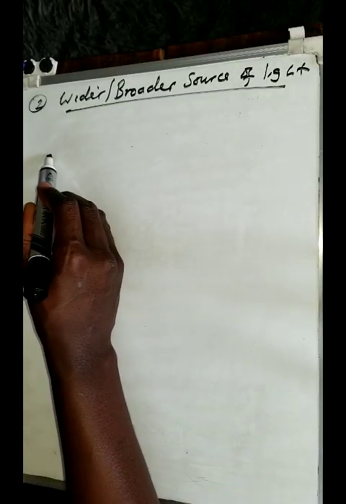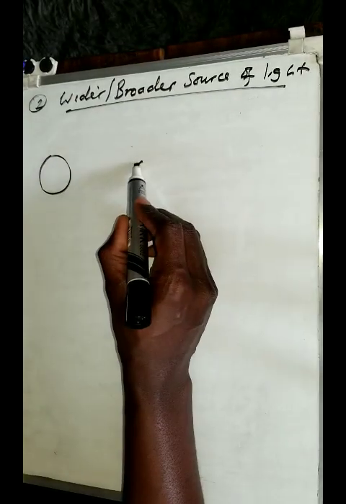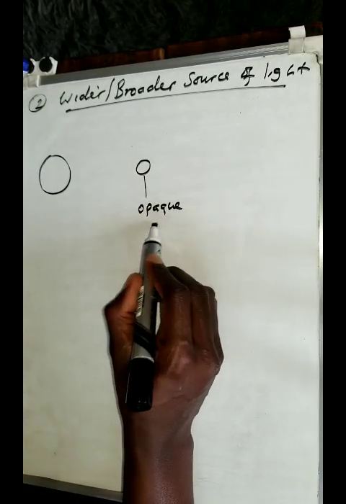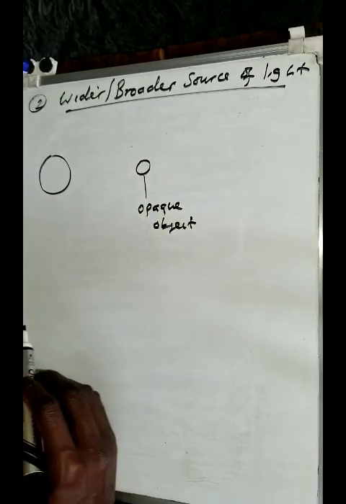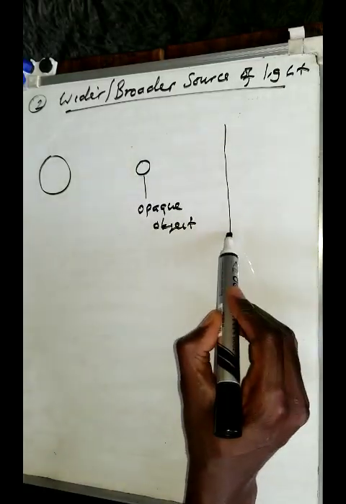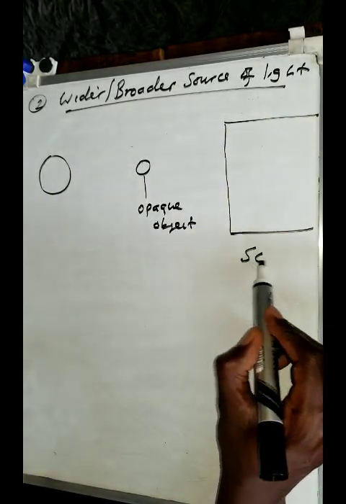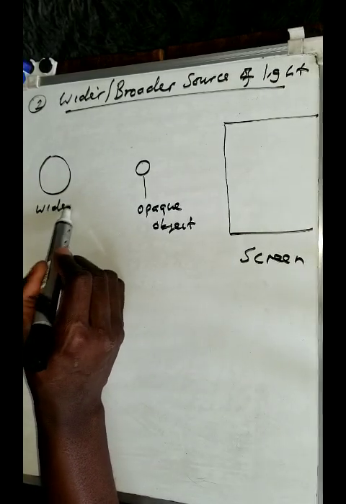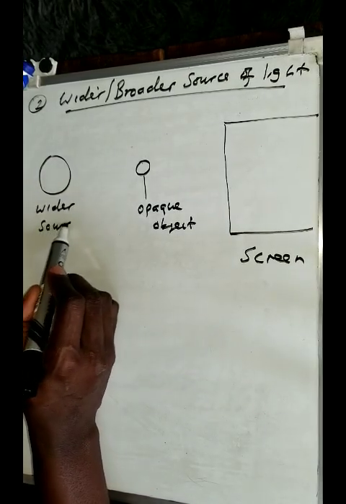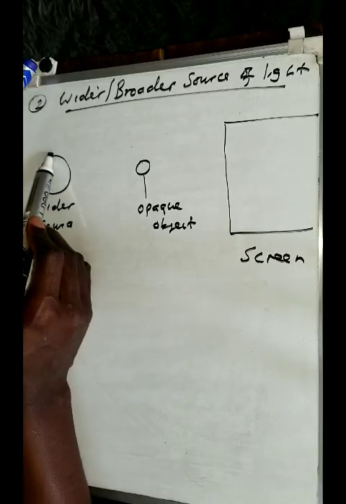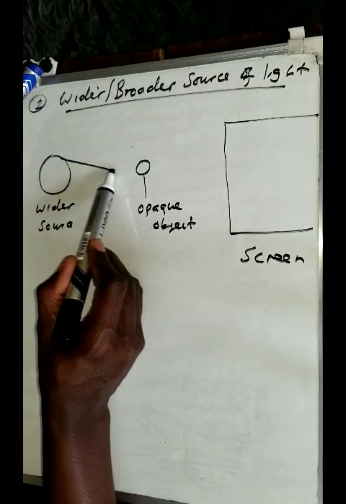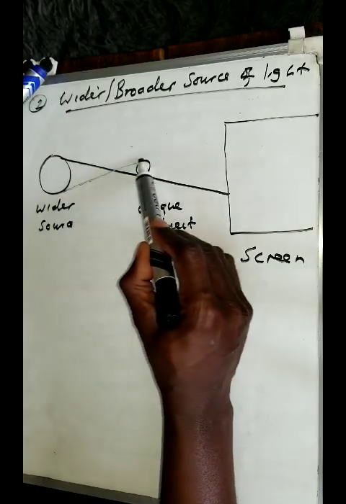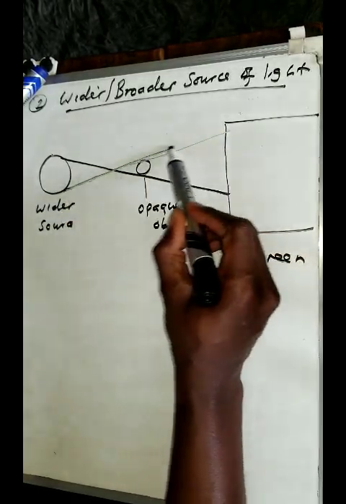If you have a broader source of light, some light may be able to pass through in that direction, also in that direction.